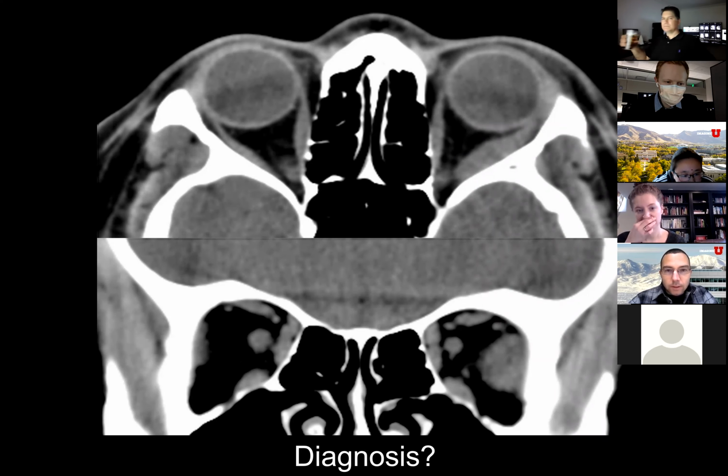So we have axial and coronal CTs through the orbits. There's asymmetric enlargement of the left lateral rectus muscle. I'm thinking of Graves' orbitopathy. Is that usually the one that gets big first? No, it's not.